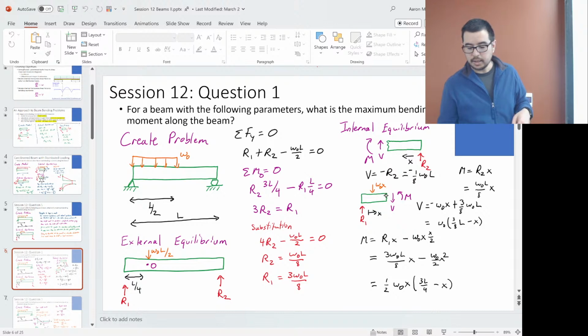Once you get to this region, it would just be halfway across. That's reflected by the X over 2, a variable describing where we do our cut. And then R1 acting at a distance X from here is going to contribute a negative moment.